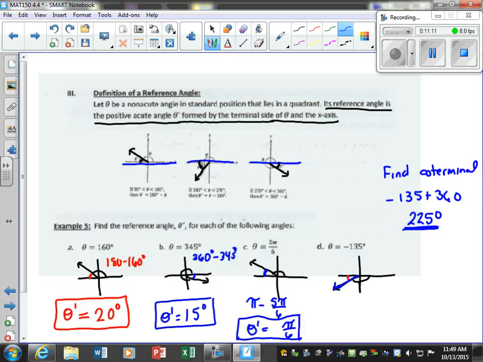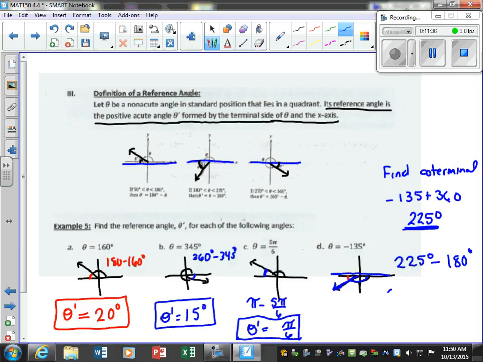So we want to find the reference angle to that. First of all, 225 is still over here. We want our reference angle, so we take 225 and subtract 180, right?